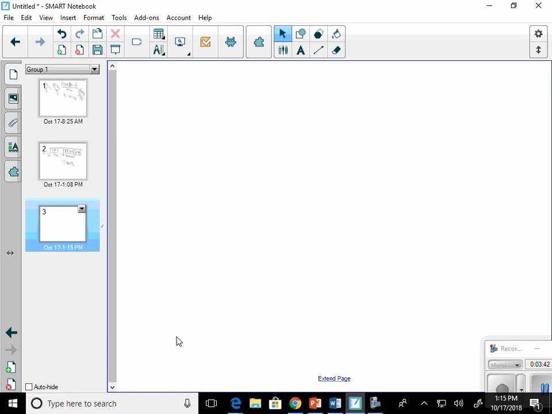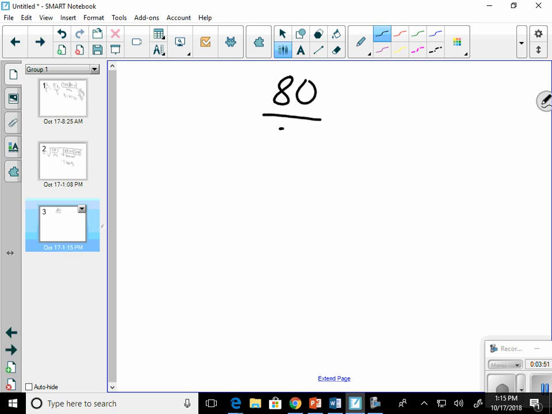I've seen a question where it gives you the molar mass of two gases. One is 80 and one is 20. 20 I would think is neon. 80, I don't know, we can make up something that has an 80. The question would give you the molar mass of both gases and say how many times faster is neon than the other gas.